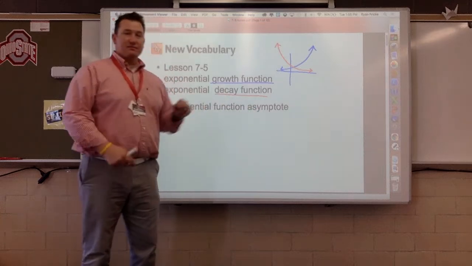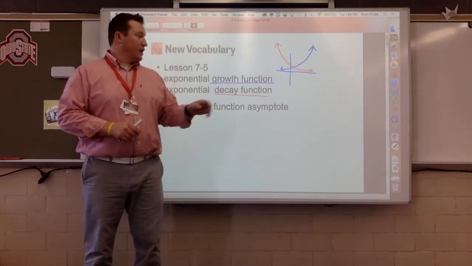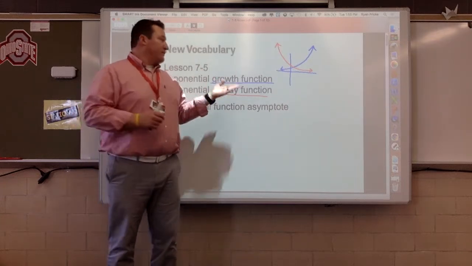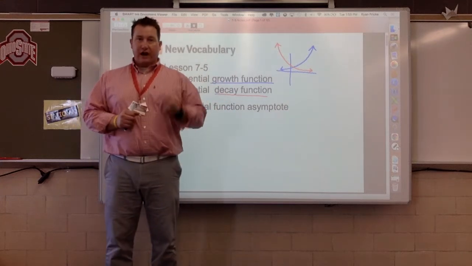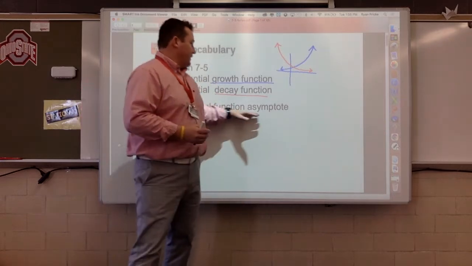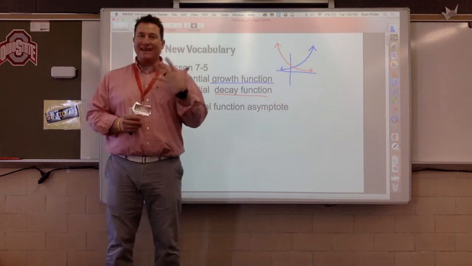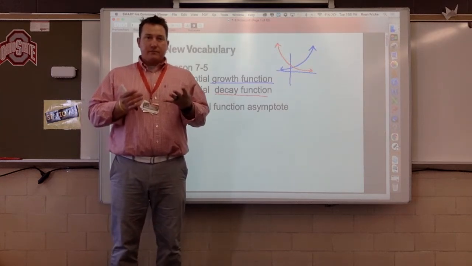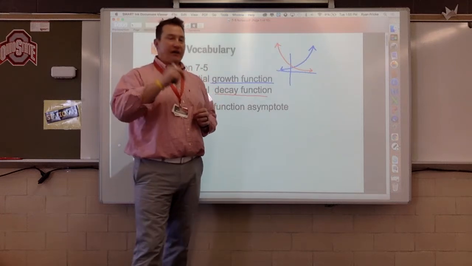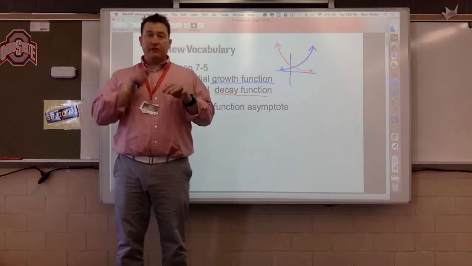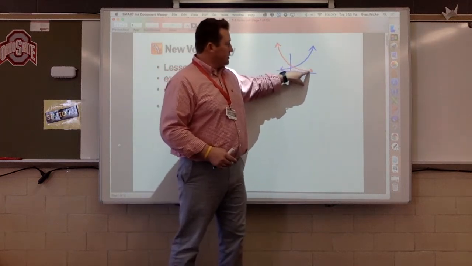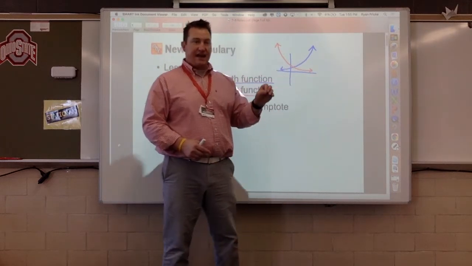Exponential function asymptote. This is a really weird word. So asymptotes are only found on exponential graphs. And they're really confusing because the graph appears to get to this number, but in reality, it never really quite does, okay? And in class, we're going to show some exercises, probably with Desmos, where we zoom in and we show that, hey, it looks like this red line eventually is going to get down here to the x-axis, right?